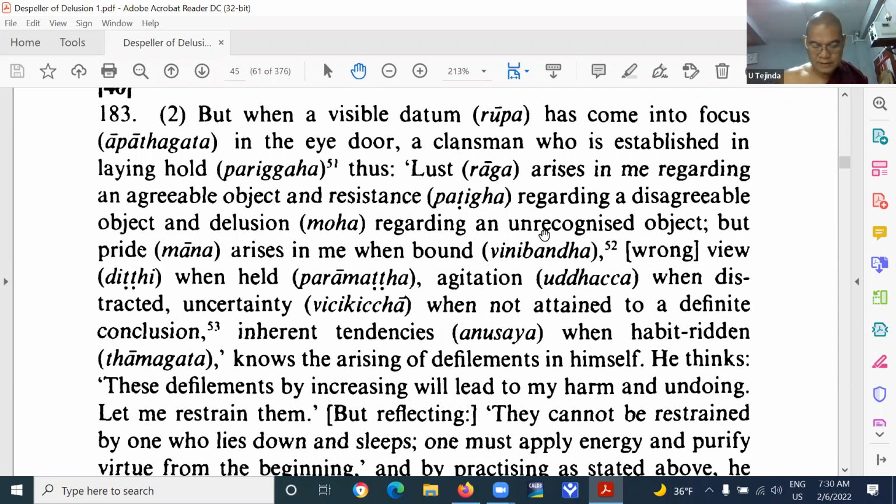Is it the instrumental? Asamapikkhanaya. Karana, this is the karana. As he does not see as it is. So that means moha, asamapikkhanaya.